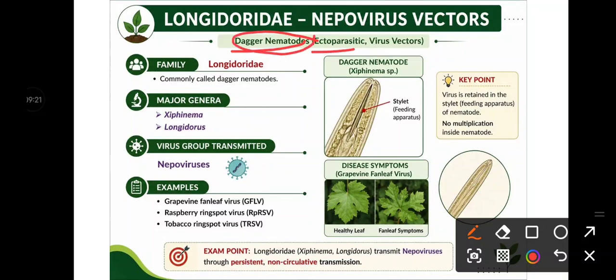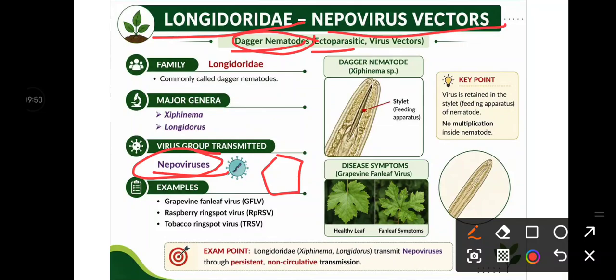They are ectoparasitic nematodes, and the viruses transmitted by them are called Nepovirus. Nepovirus means nematode-transmitted polyhedral virus. The viruses transmitted by the Longidoridae family are spherical in nature. That's why they are called Nepoviruses.